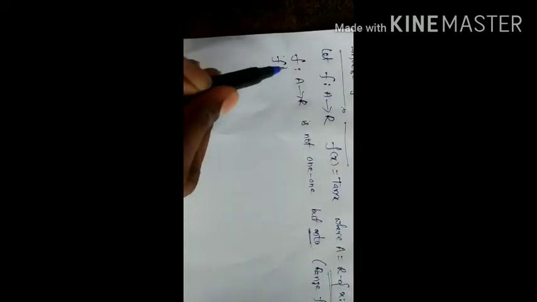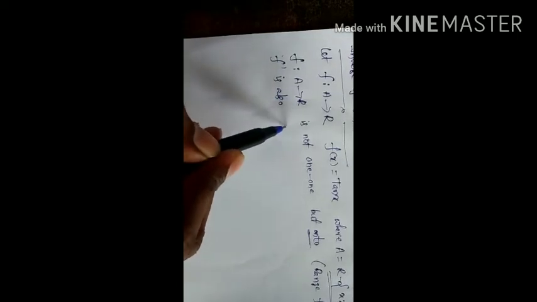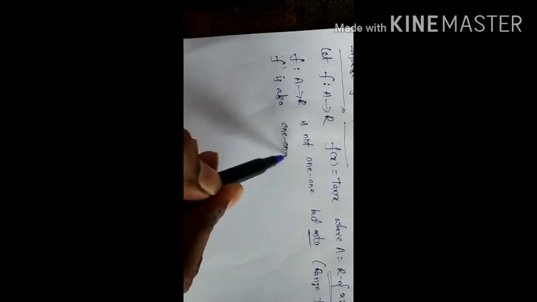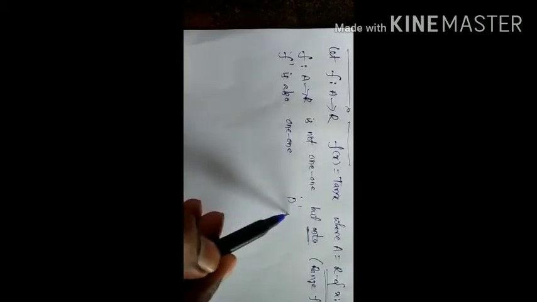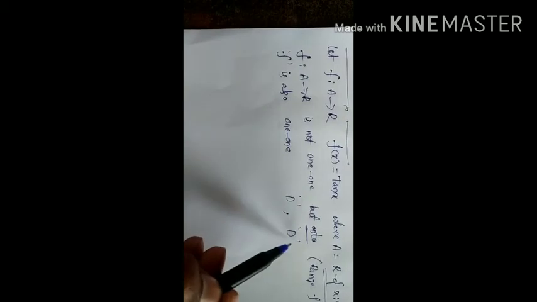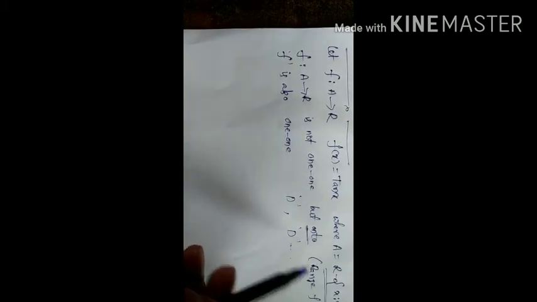So when it is onto, f also becomes one-one if we restrict its domain to interval D. Here let's see what the intervals are.